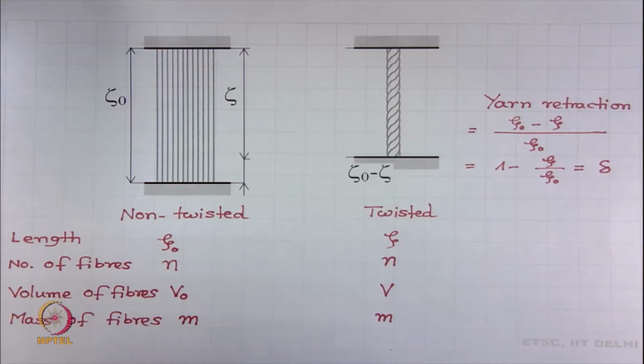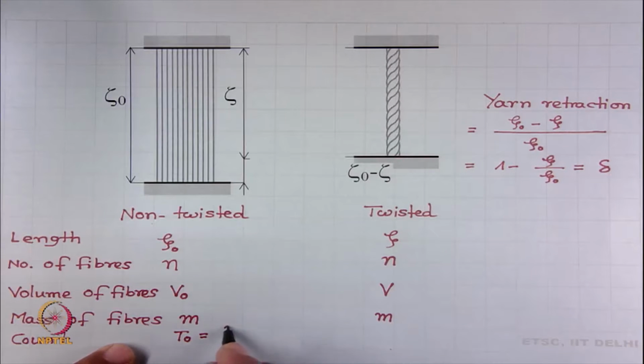Okay. Then count. What is the count of this non twisted one? Mass per unit length, and this count will change because length is changing.